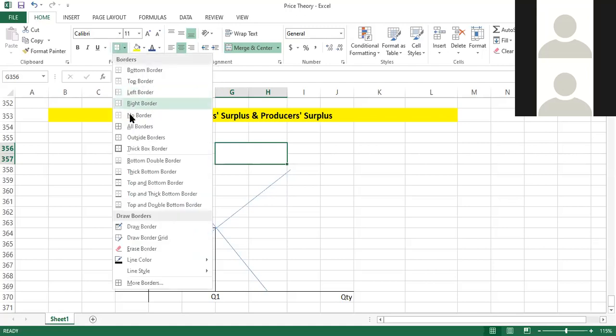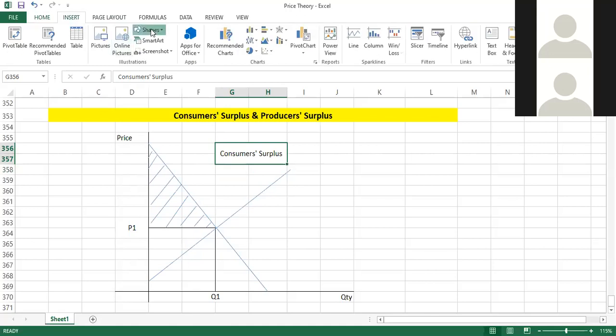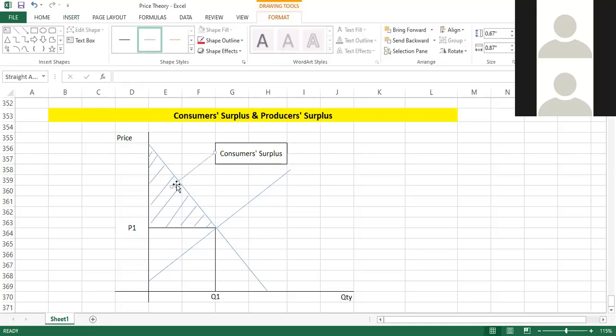So that is the meaning of consumer surplus. This shaded area is the consumer surplus, which is the difference between the price the consumer is willing to pay and the price the consumer is actually paying.